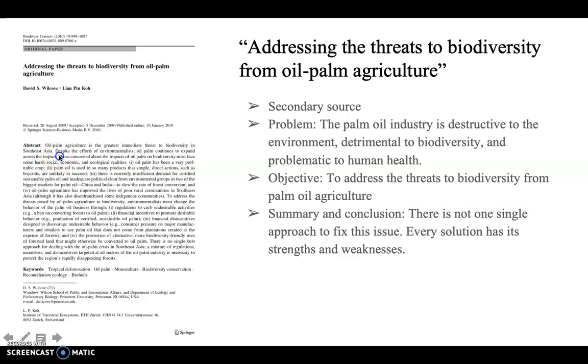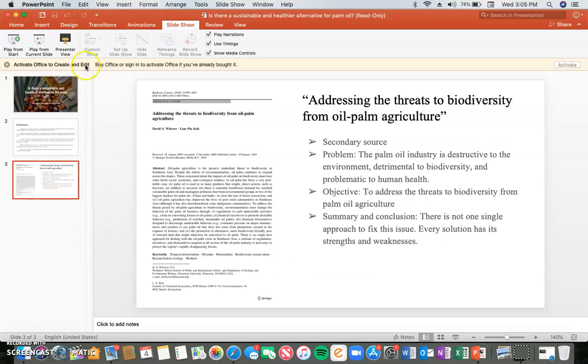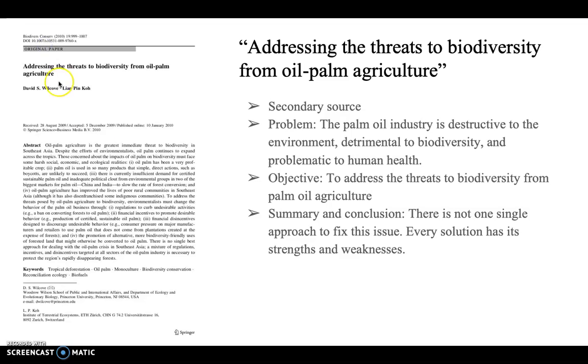Let's see. So I'll just read from here to about there. Oh, go back. My bad. Excuse me. So it says, those concerned about the impacts of oil palm on biodiversity must face some harsh social, economic, and ecological realities. Oil palm has been a very profitable crop.